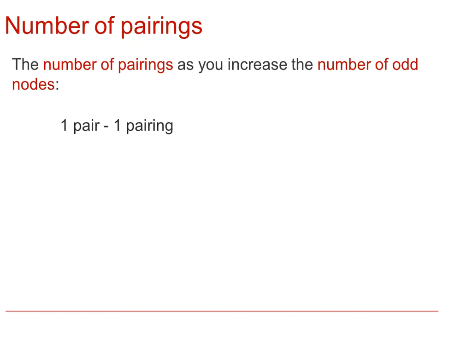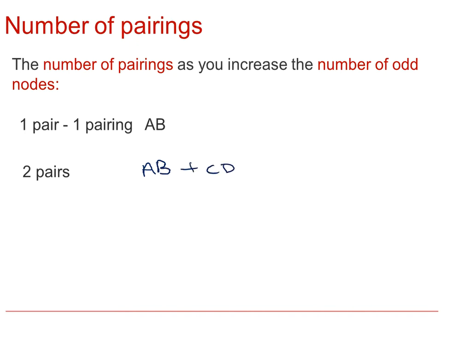Well, for one pair there'll just be one pairing, and you'll just be trying to connect, say, A and B. For 2 pairs, let's say you've got the option of connecting A with B and then C with D. However, you could of course also connect A and C and then B and D, or A and D and then B with C. So you have an initial choice for your first pairing where you have 3 choices, and then once you've done that you don't have any more choices, so it's just 3.